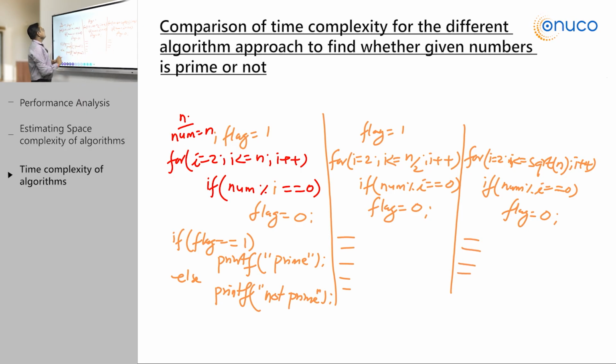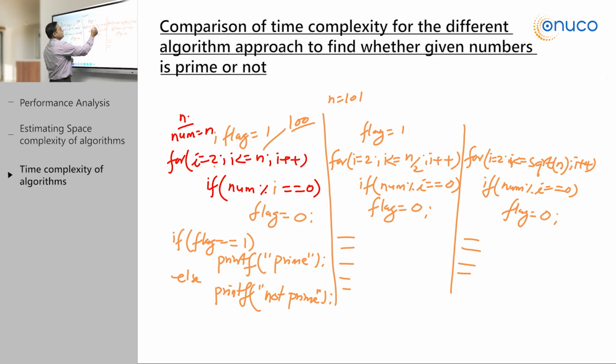What will happen, friend, if you are finding whether n equal to 101 is prime or not? In the first case, it will go from 2 to 101, which means 100 times you are going to execute this.